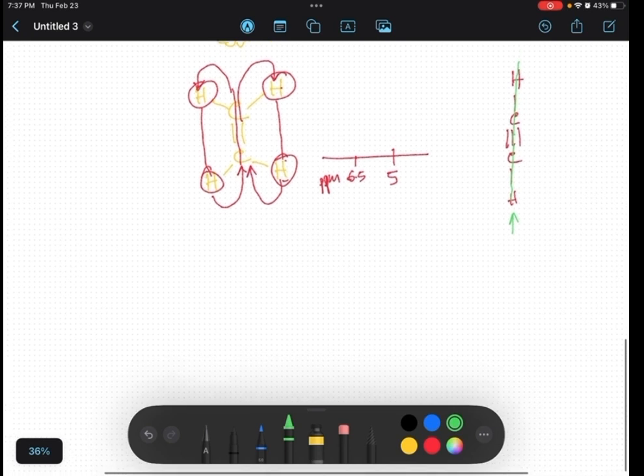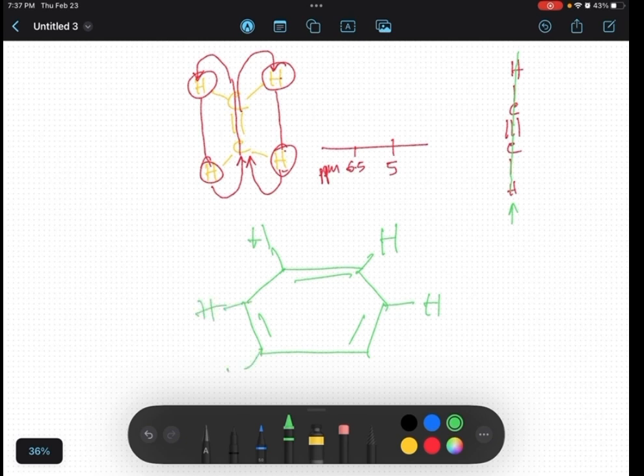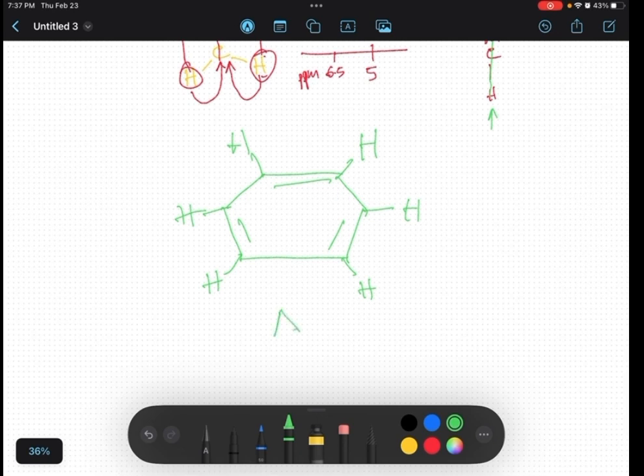And similarly, if you think about the aromatic ring, it has alternating double bonds, and it has protons outside. If you give the magnetic field through this bond, the magnetic field goes through the middle, and when it goes out, it will activate this proton in the plane.